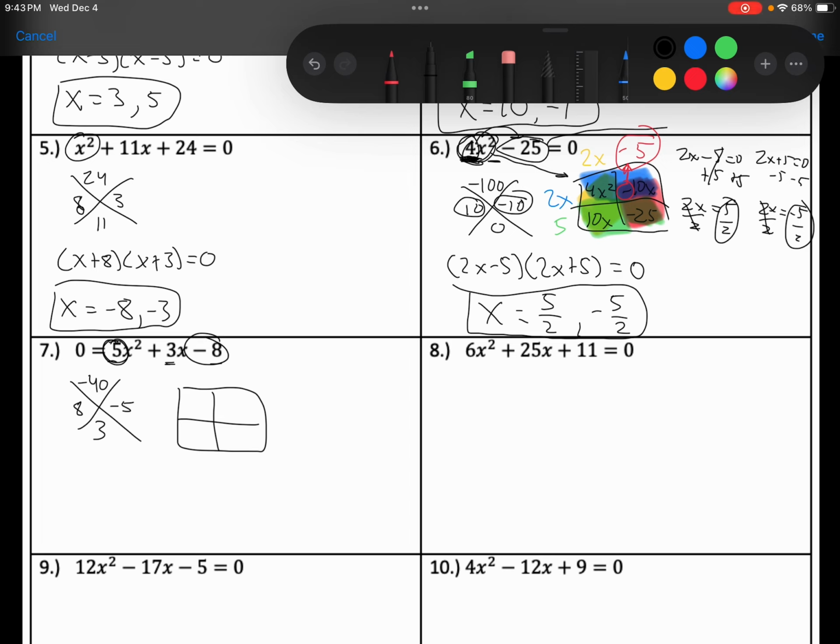So then we put 5x squared in the first box, negative 8 in the last box, and then use the 8 and the negative 5 from the x as 8x and negative 5x. Take out the greatest common factors. What these two have in common would be 5x.